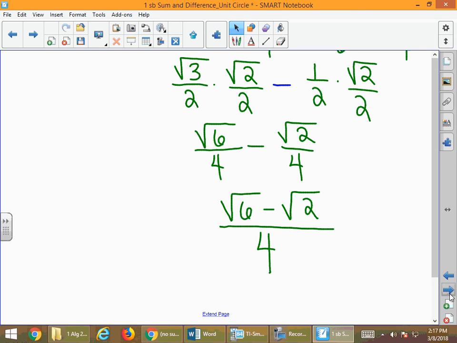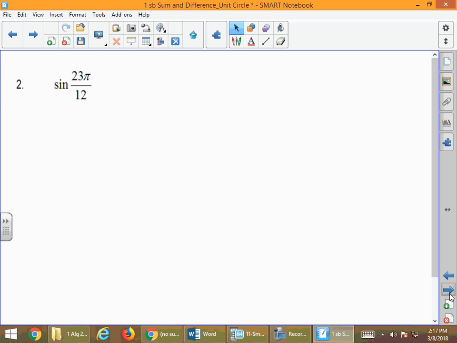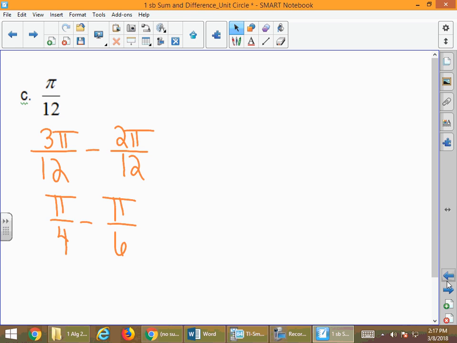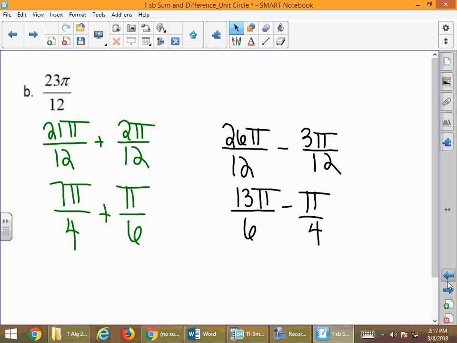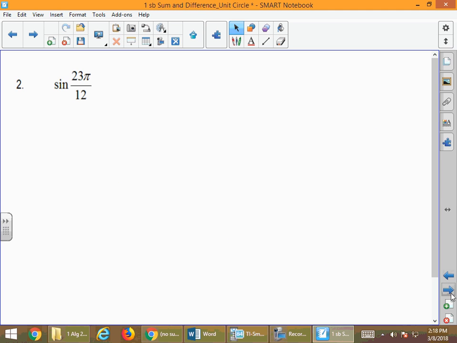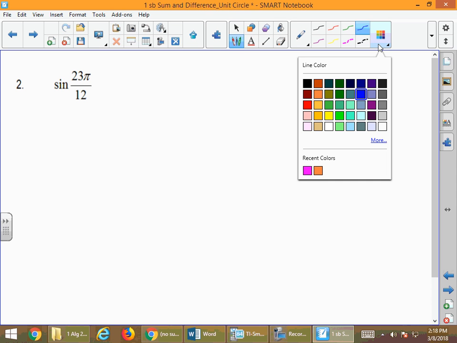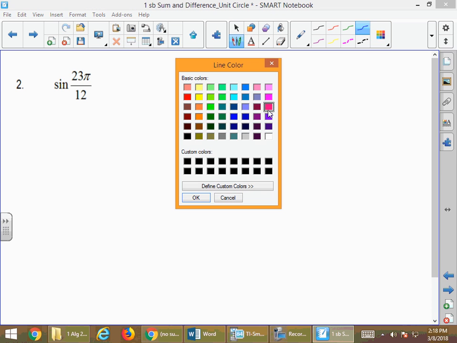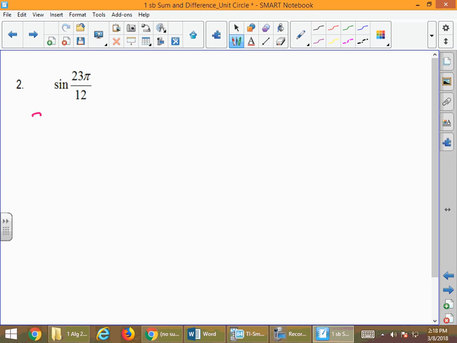Let's try another one. 23 pi over 12. And then as we look up here, the first one was the 21 pi over 12 plus the 2 pi over 12. Let's use that one. So this is going to be the sum of 21 pi over 12 plus 2 pi over 12.